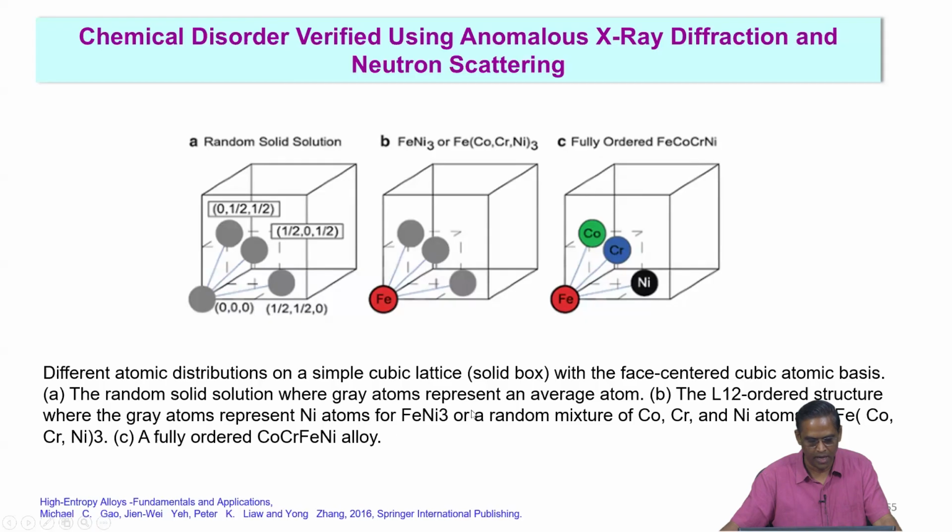Instead of FeNi3, you can have iron, cobalt, chromium Ni3, any one of these can form, or you can have a fully ordered cobalt, chromium, iron, nickel alloy. So, all three possibilities are there.